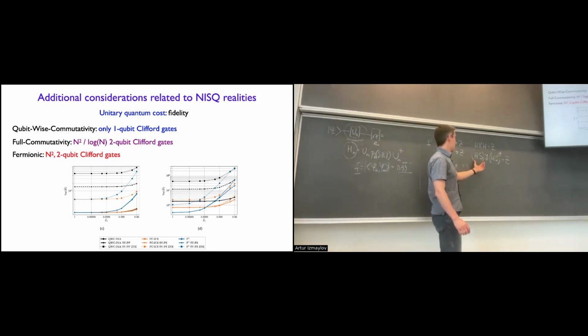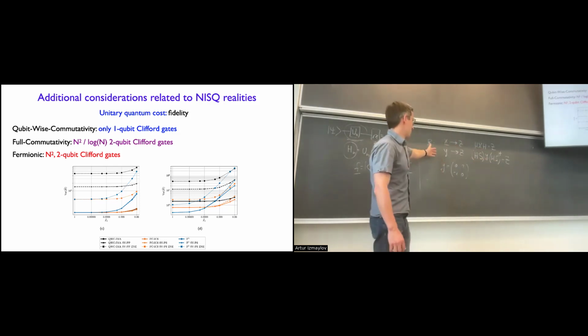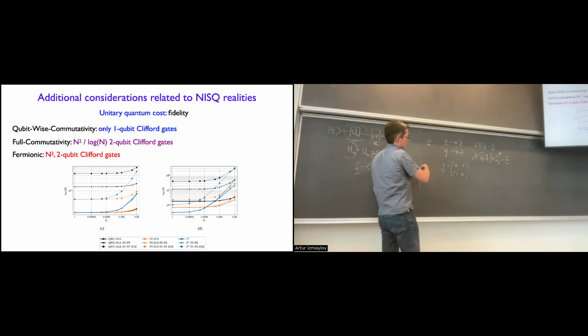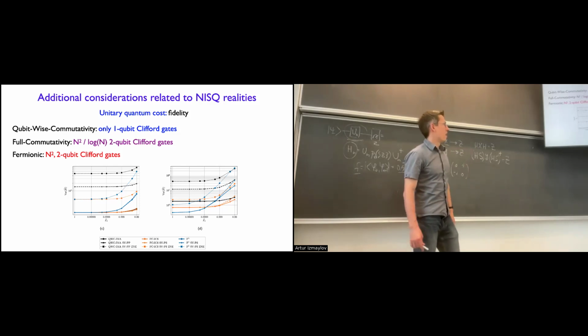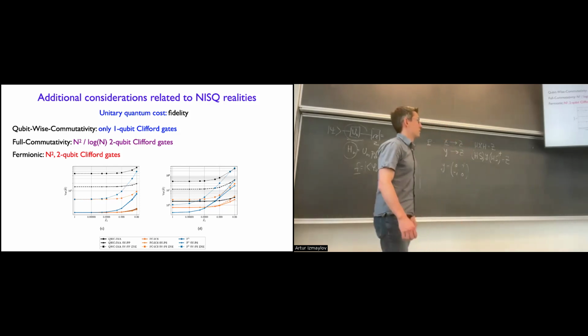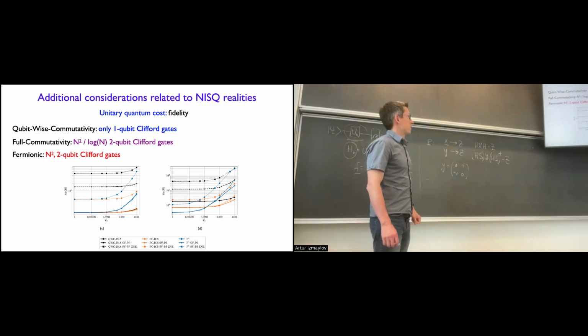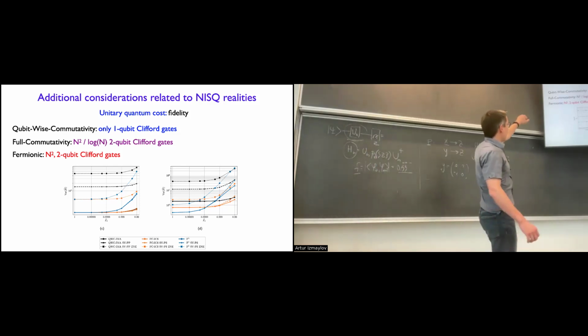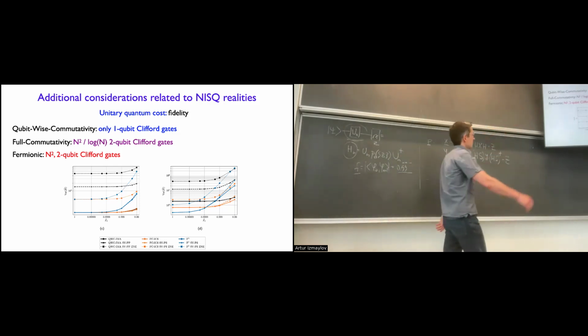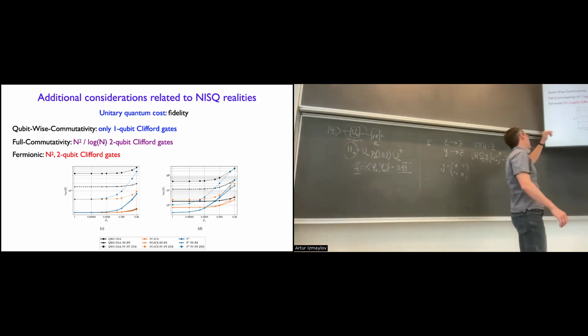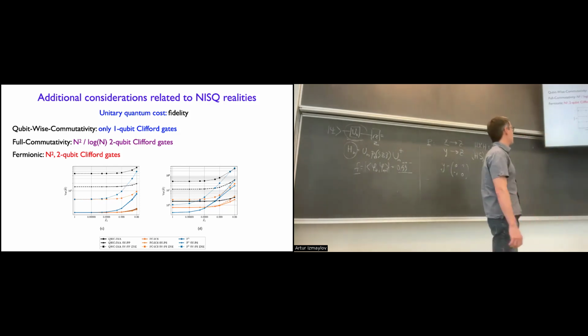Anyway, as you can see, both Hadamard and phase are Clifford gates, and if you have a Pauli product that requires one of these transformations for every qubit, it's not more than a constant number of single qubit gates, and they are the cheapest. Also, they are Clifford, so it's kind of simple. Now, if we go to fully commuting, we need more Cliffords, quadratic divided by log, but technically still quadratic in the number of qubits.